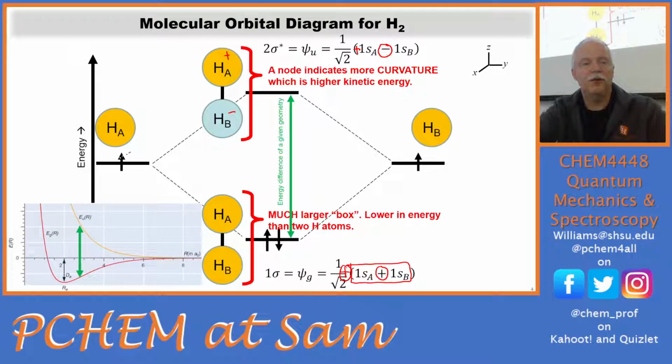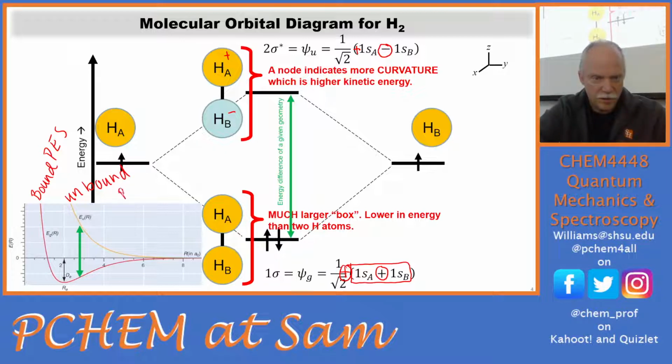So before we showed what we call a bound state. And we talked about an unbound PES. And so if we could bump an electron from the bound to the unbound, then this molecule would just dissolve, okay?